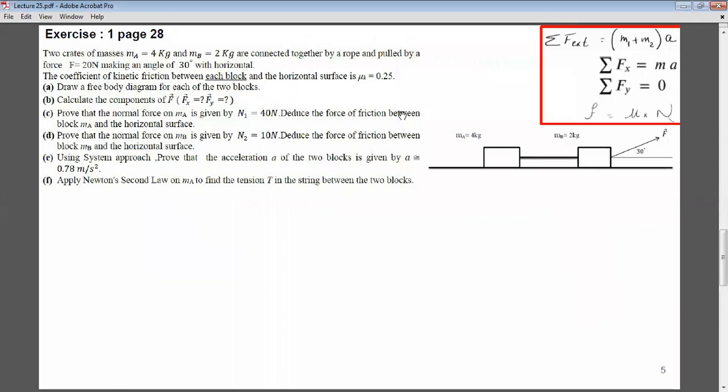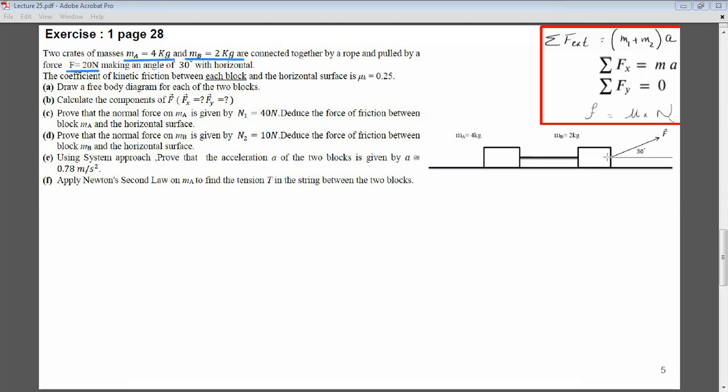Okay, so what do we have here? Two crates of masses MA and MB, 4 kilograms and 2 kilograms. So these are given. MA is 4, MB is 2. They are connected together by a rope, so this is a system, and pulled by a force F equal 20 Newton.